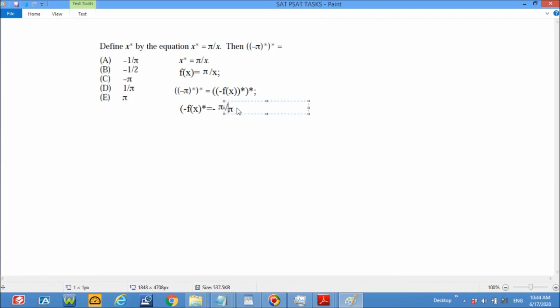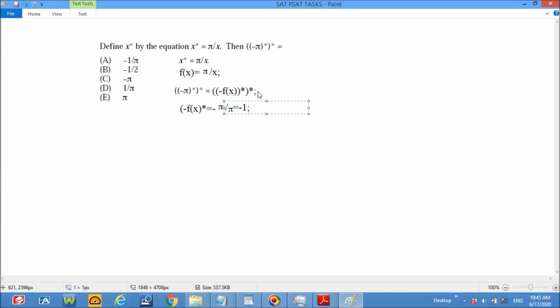P divided on p equals minus 1. Now we need to execute again the other braces, but here our x is not p.